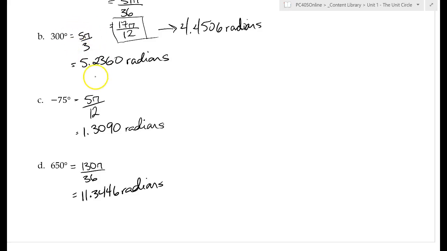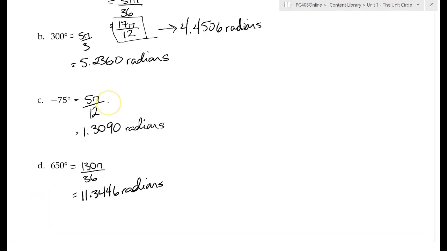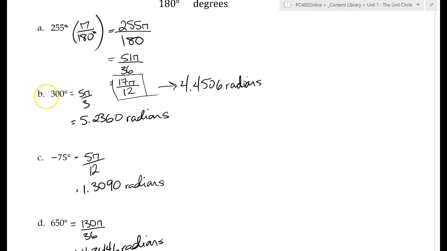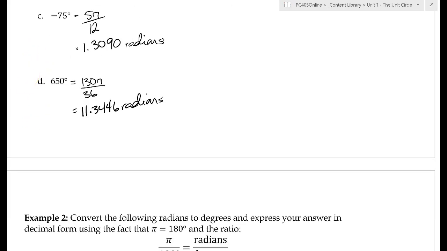How'd you do? Did you get these answers? Please note that in the video there is a mistake and this should be negative here. If not, please feel free to revisit this, to shoot me an email, to put it in the help section in the collaboration section of our OneNote here.